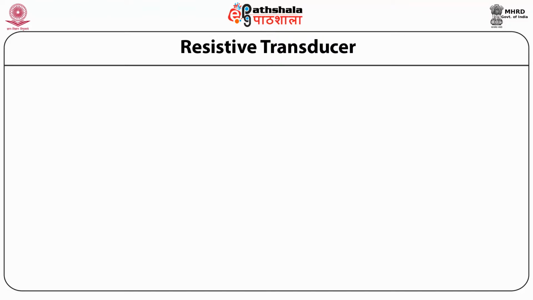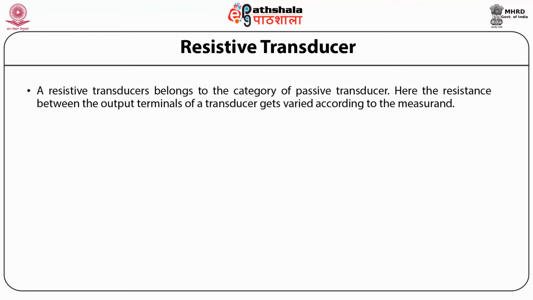Resistive transducer. A resistive transducer belongs to the category of passive transducers. Here, the resistance between the output terminals of a transducer gets varied according to the measurand.